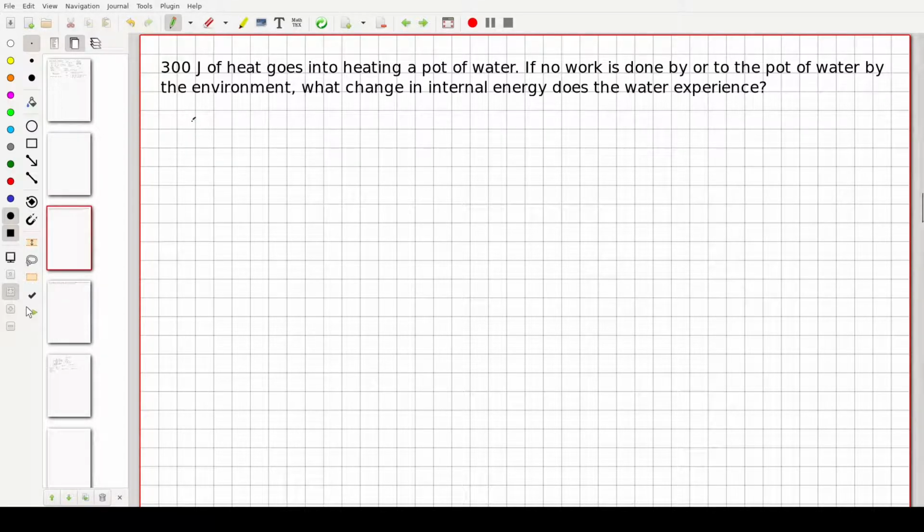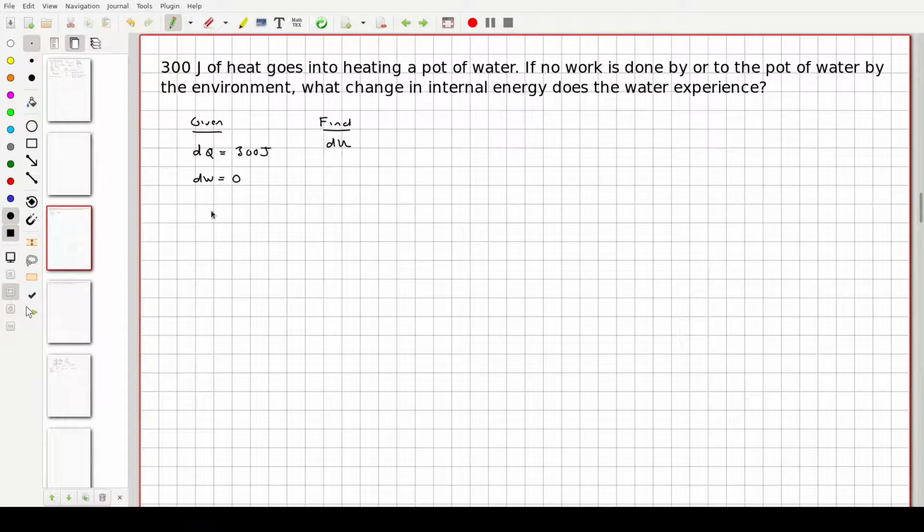Well, what we're given here is that 300 joules of heat is being added into the pot, which means that our dQ here, which is the heat that's being added into the system, which is our pot, is positive and is 300 joules. We're also told that no work is being done. dW is equal to 0. What we're trying to find here is dU, the change in internal energy.